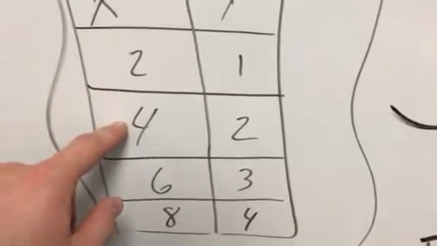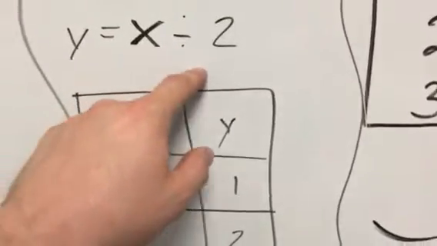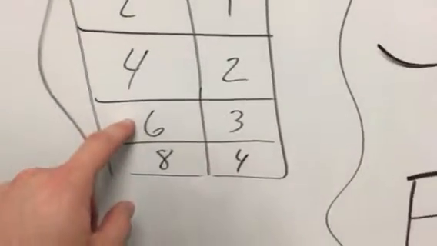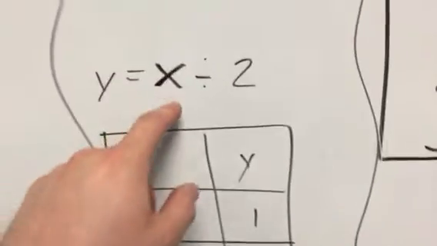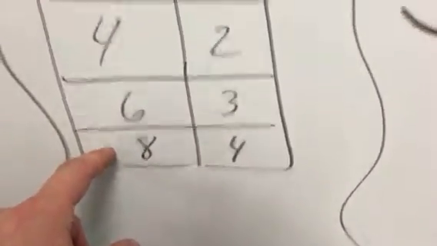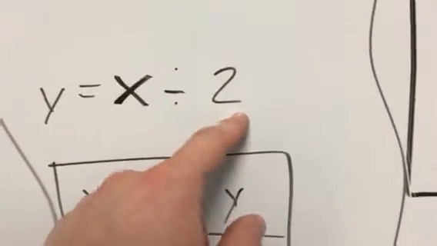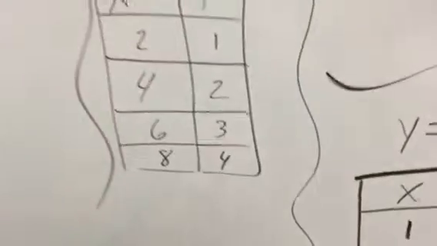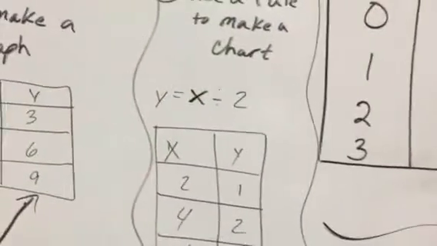And when x is 4, 4 divided by 2, y will be 2. When x is 6, 6 divided by 2 is 3, so y would equal 3. And when x is 8, 8 divided by 2 is 4, so my y will equal 4. You'll see how we do that in the next section.